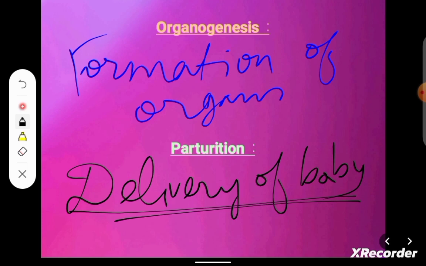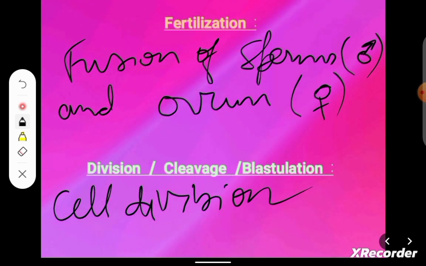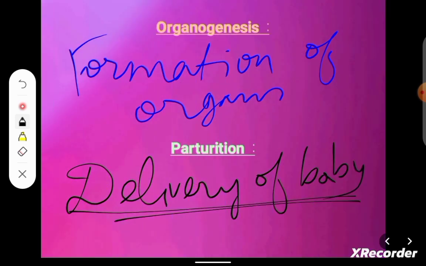Okay. So we have seen the 9 steps. So what are the 9 steps? Just recap once. Gametogenesis, insemination, fertilization, blastulation, implantation, placentation, gestation, organogenesis, parturition.